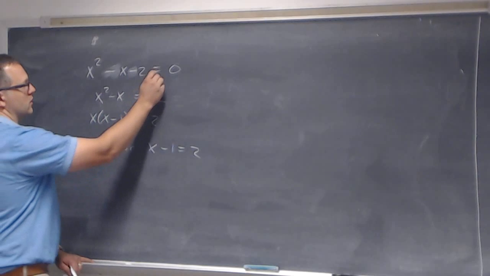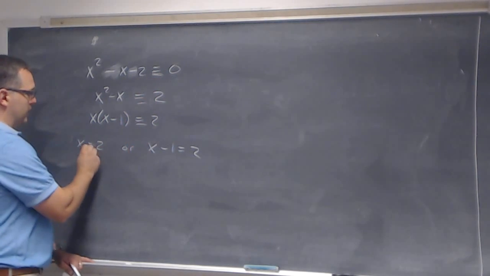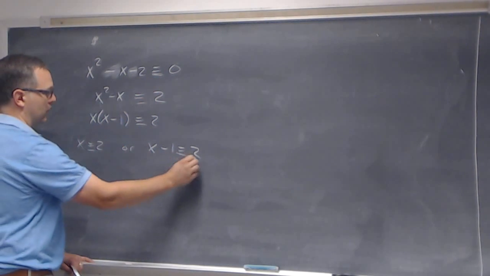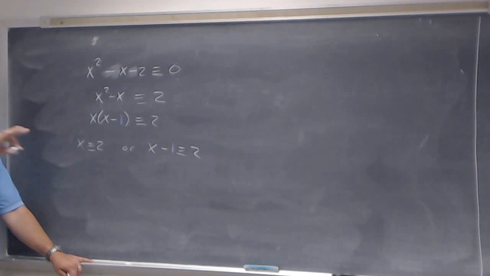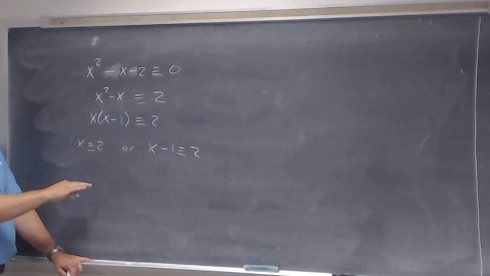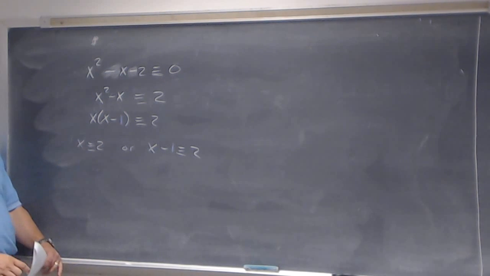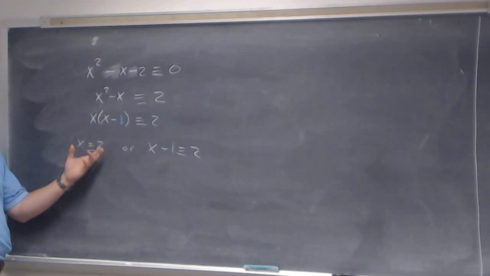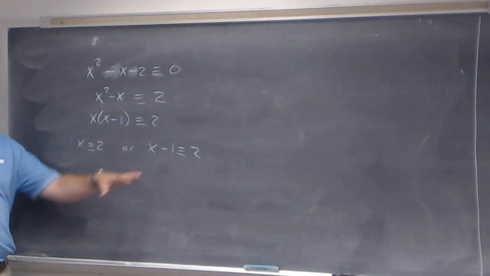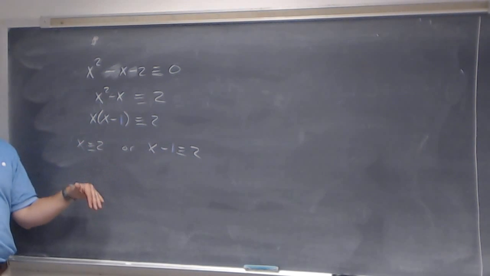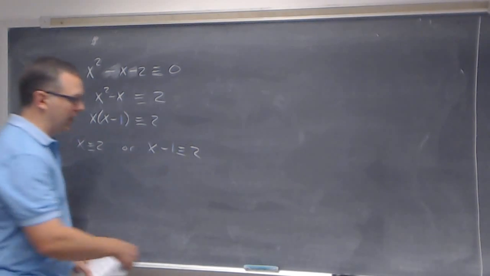You can't say, okay, x is congruent to 2 or x minus 1 is congruent to 2. I saw several people trying that trick because this is easier to factor. Since the numbers were small, things actually worked out at the end, but you can't do that.